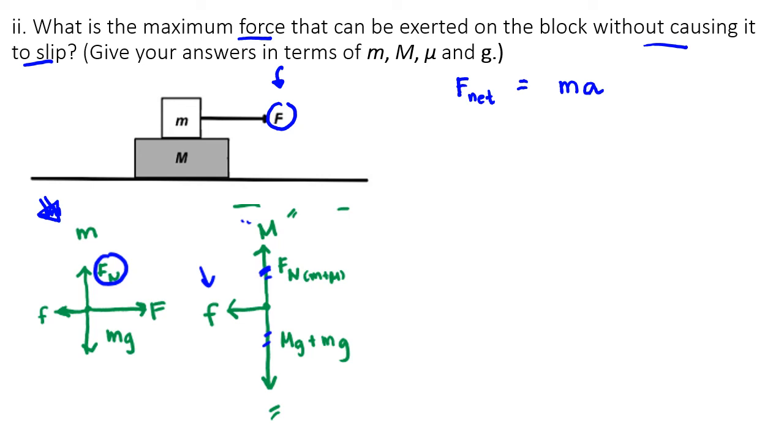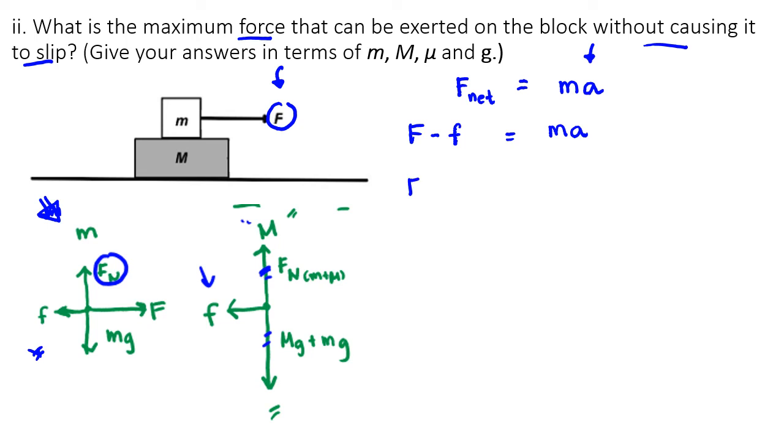Now this acceleration again is due to the fact that they are moving as one, and it is the acceleration that we have found earlier. So now our F net would be equal to the applied force minus friction that is directed in the opposite direction here. Right, that's why we have negative, is equal to mass times acceleration, small m.